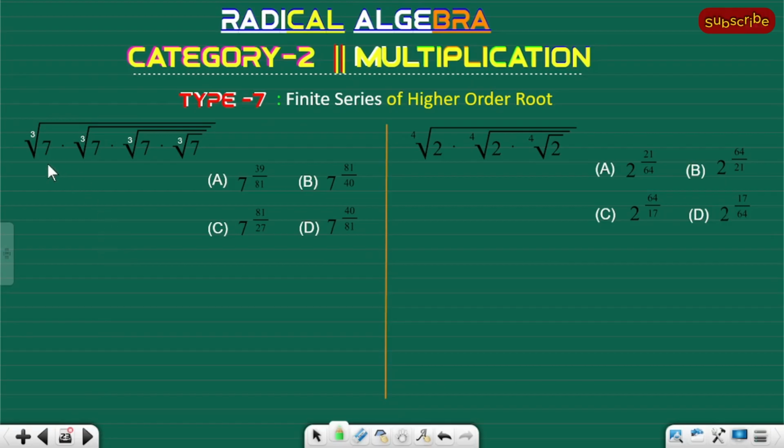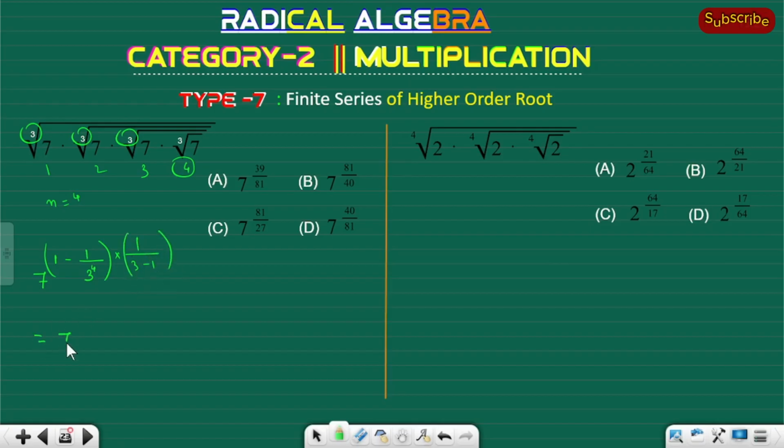Here count the numbers: 1, 2, 3, 4. Here n equal to 4. So keep 7 raised to 1 minus 1 by, what would be here? It is 3, right? It is a cube root, so 3 raised to the power of the number of terms, 1, 2, 3, 4, so 3 raised to the power 4, into the root minus 1, that is 3 minus 1, the only extra.